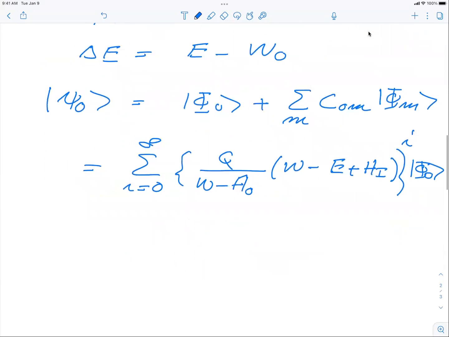And when we then calculated the energy, this delta E is actually going to be given by this operator, which we have here, multiplied with HI, and then multiplied with psi 0.